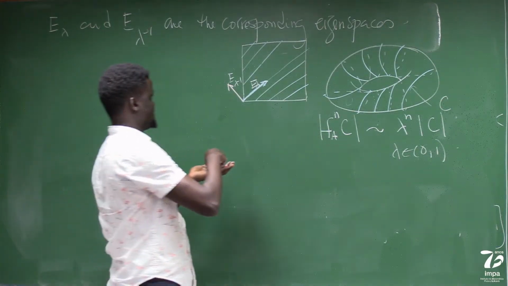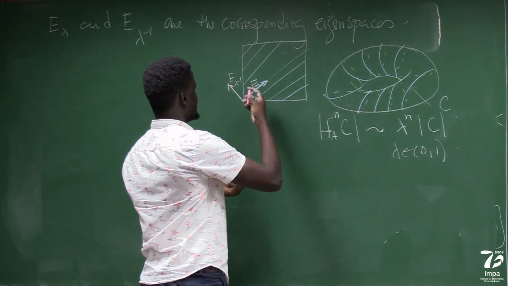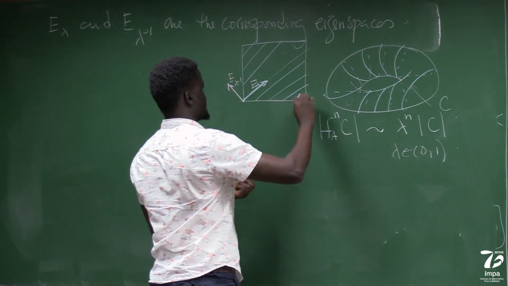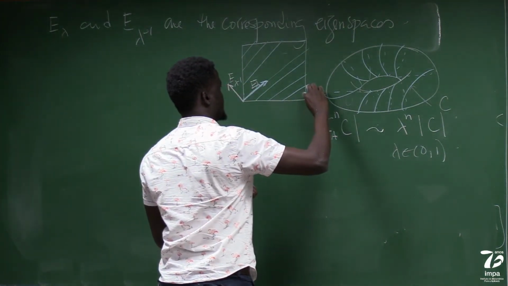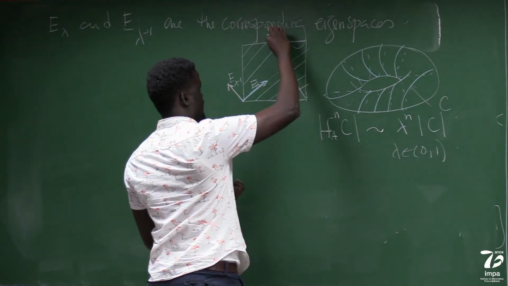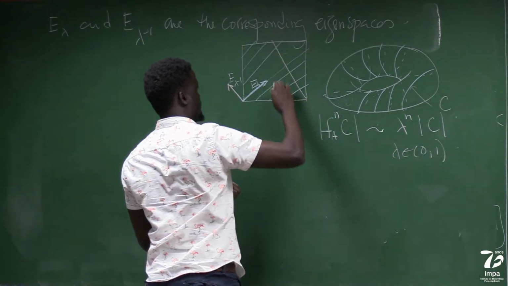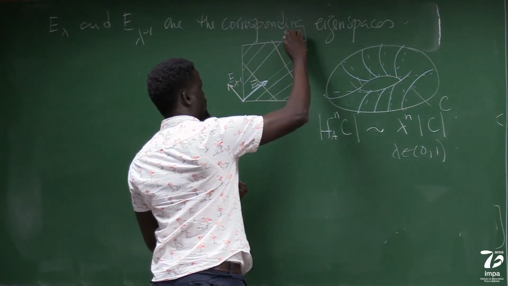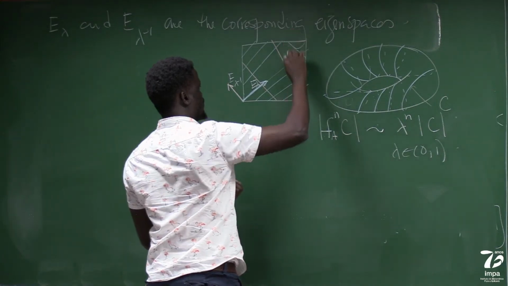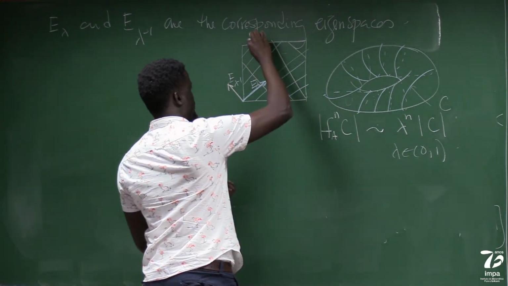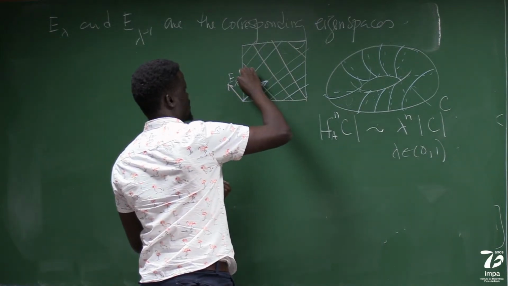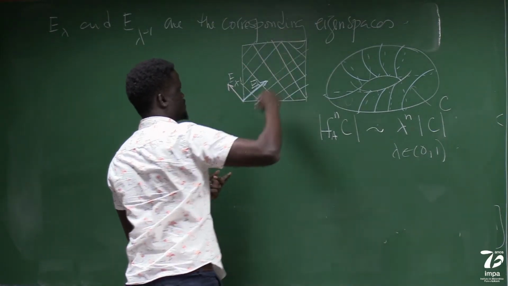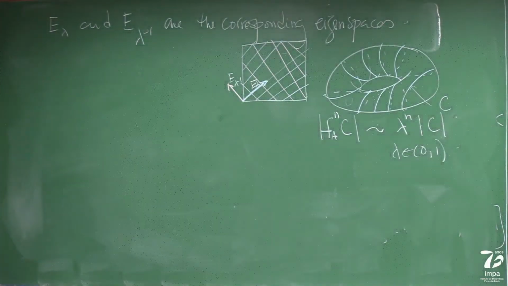So for this guy, let's write it here. And so on. So this is how these two eigenspaces look like on the torus.